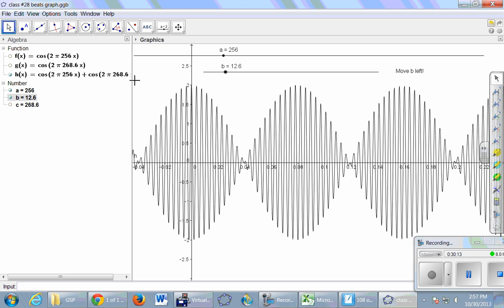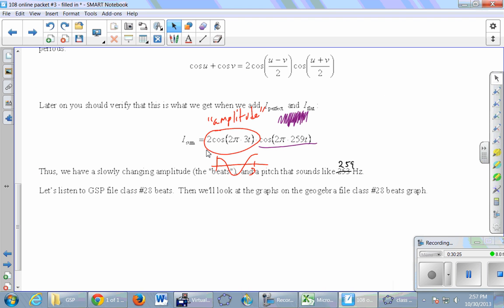So you've got your note of frequency like 259, and it goes up and down at a frequency of 259, but then the amplitude is changing based on this varying amplitude function here, which is a pretty slowly changing amplitude function.